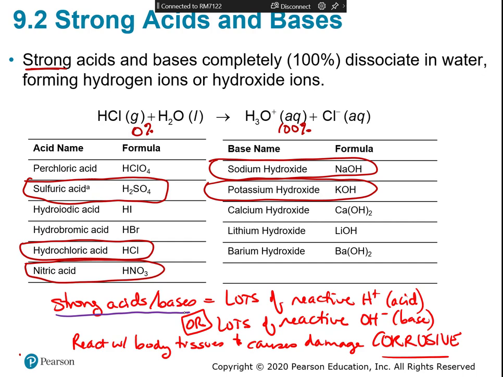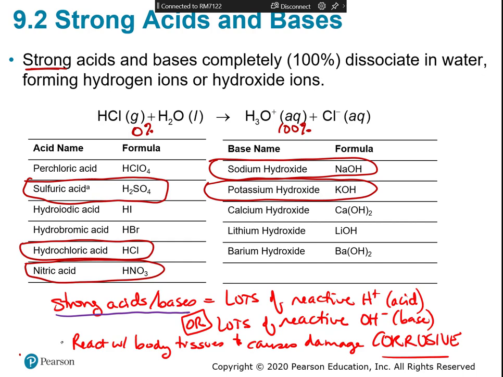Strong bases are going to make a lot of hydroxide ions. If we were using concentrated forms, I always put them in the fume hood, and this is why. Strong acids and bases are very reactive. That means they want to give their hydrogen ions or pull hydrogen ions from other things. So they want to react to become more stable.